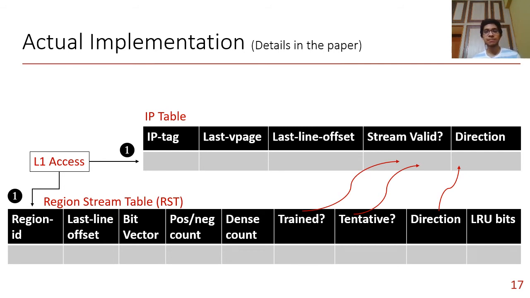When a stream IP accesses a new region, the region is tentatively assumed to be a stream region. This removes the need for a region to be trained from scratch for prefetching to happen. It has to be noted that a region is tentatively proclaimed as stream only when the region accessed before was trained and confirmed to be a stream region. This reduces the possibility of regions being spuriously classified as stream.